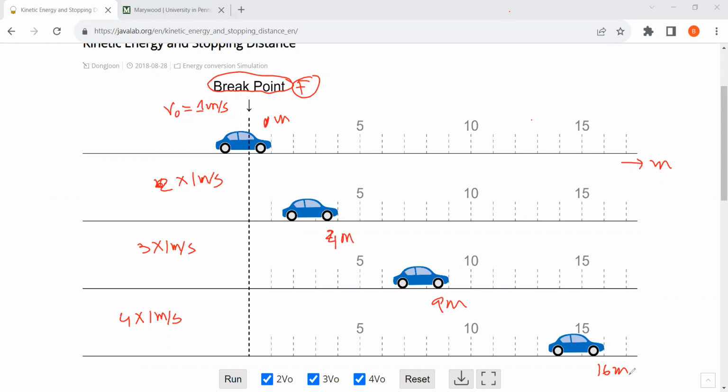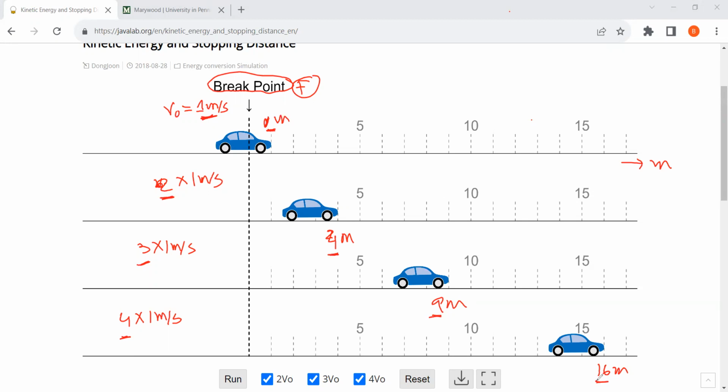So you see that there is a relation between these numbers. Here you see 1, and 1 squared is 1. Here you see 2, 2 squared is 4. Here you see 3, 3 squared is 9. Here you see 4, 4 squared is 16. So the stopping distance is the square of the velocity, right?